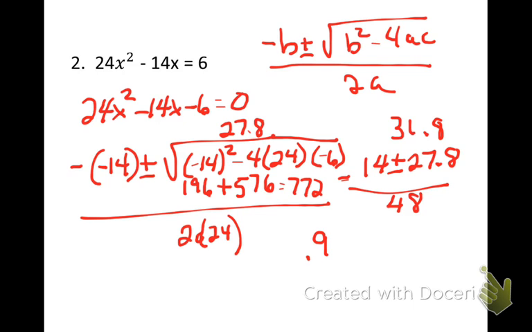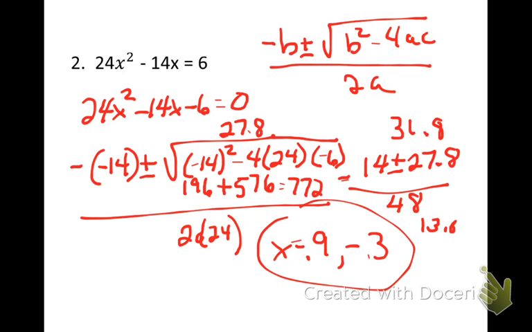And 14 minus 27.8 would be negative 13.8, divided by 48, and you will get negative 0.3. So x equals these two answers here. Again, a lot of arithmetic, but the calculator will help you do it.